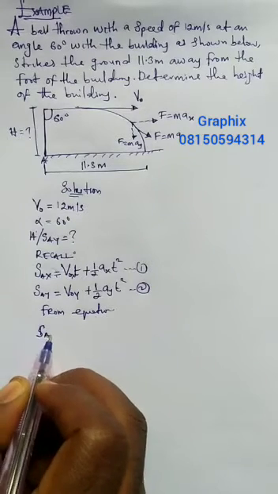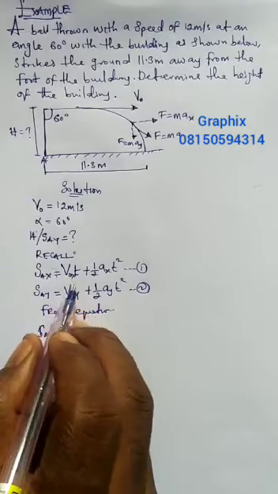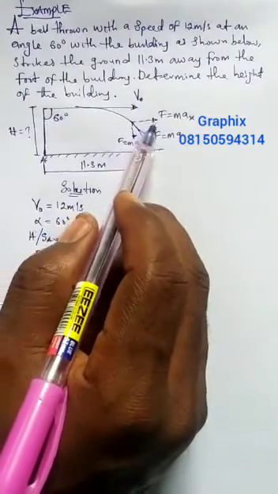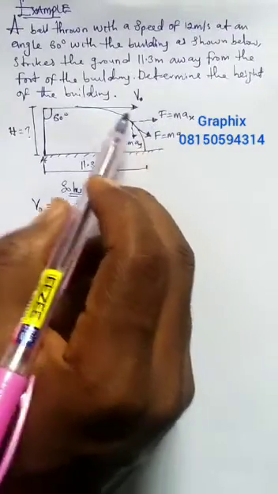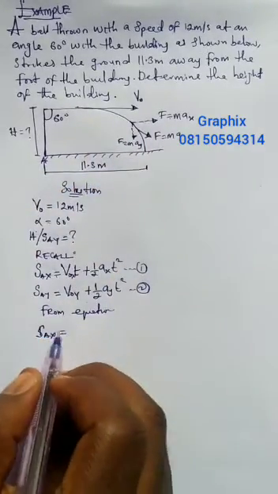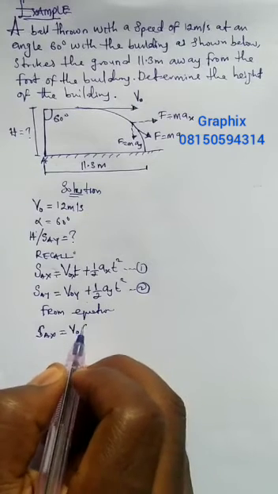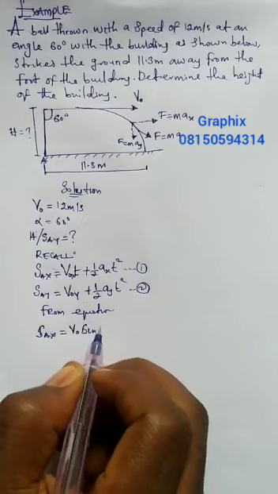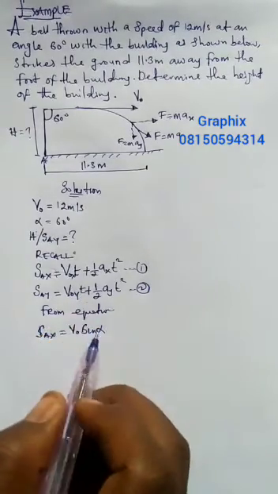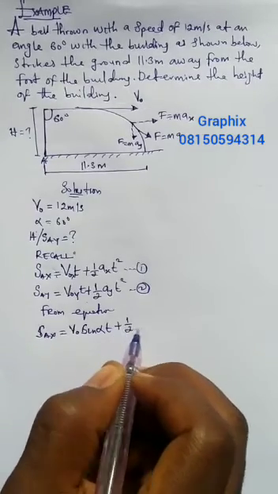We have S_AX equals V0X T. One thing you need to know is that at this point, my V0X will be V0 sine alpha, taken as V0 sine alpha T, plus half AX T square.